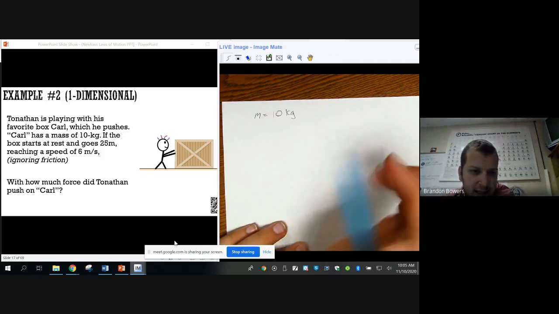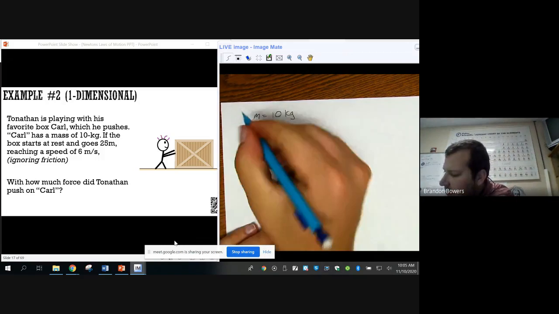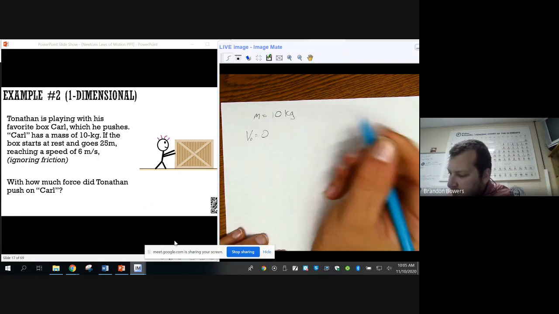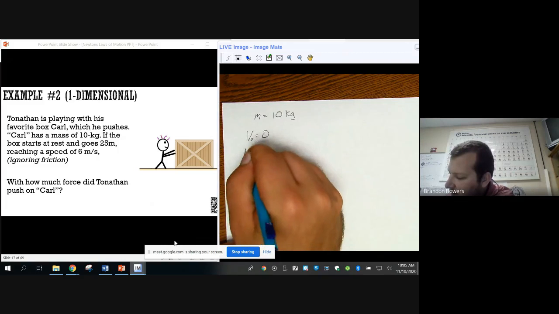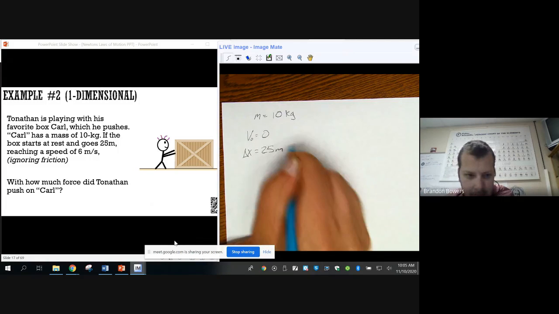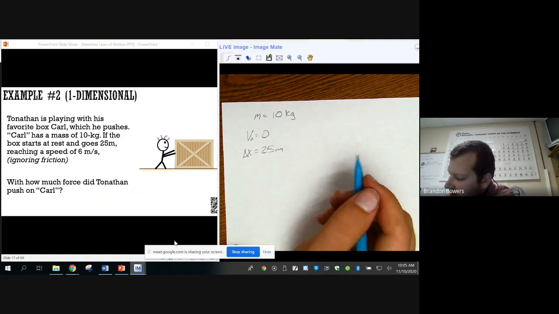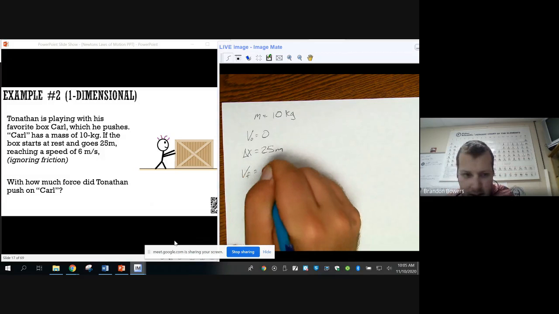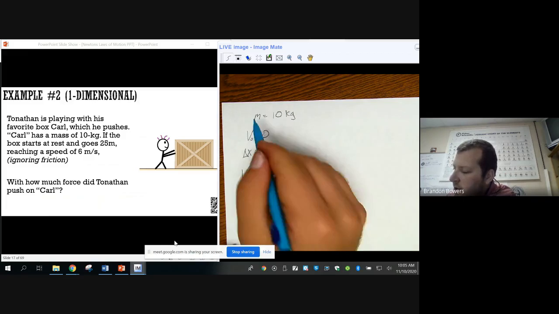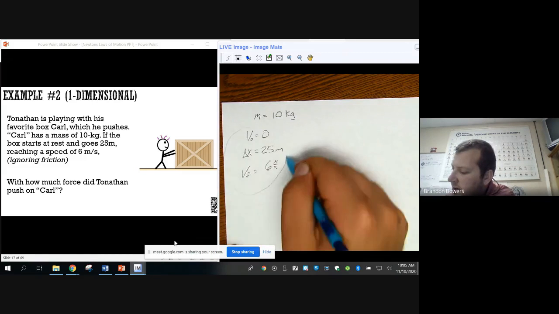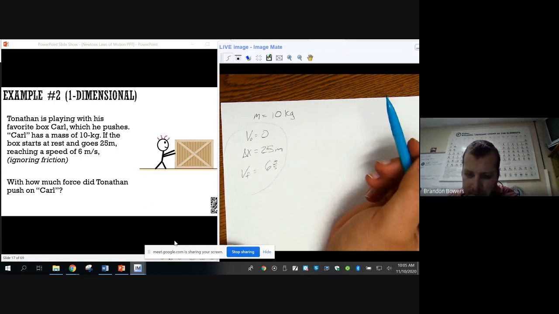And then it says if the box starts from rest, so the initial velocity is 0. It goes 25 meters and reaches a speed of 6 meters per second. So that's our final velocity.